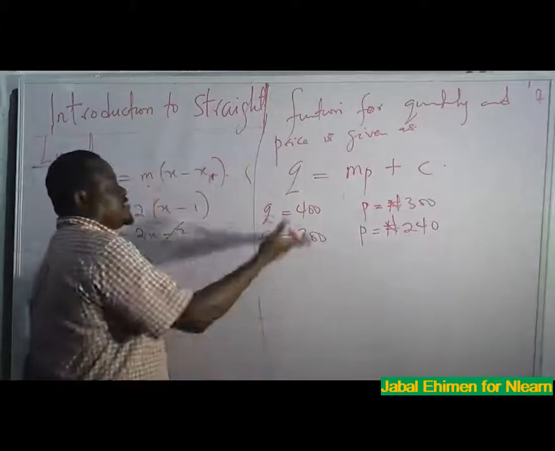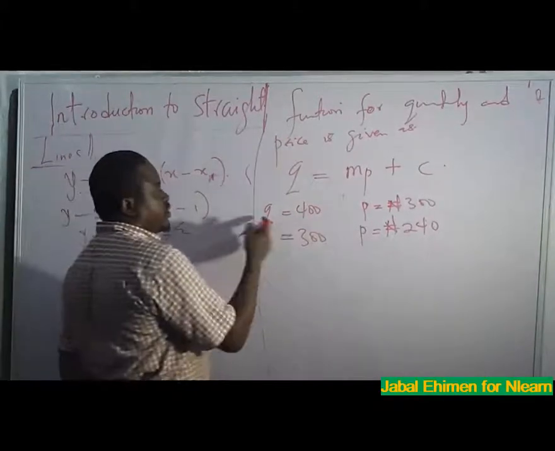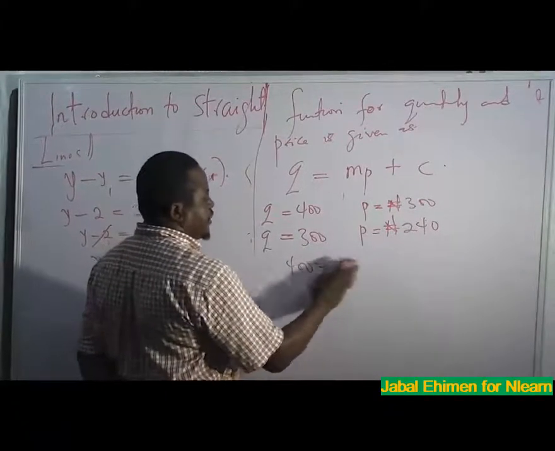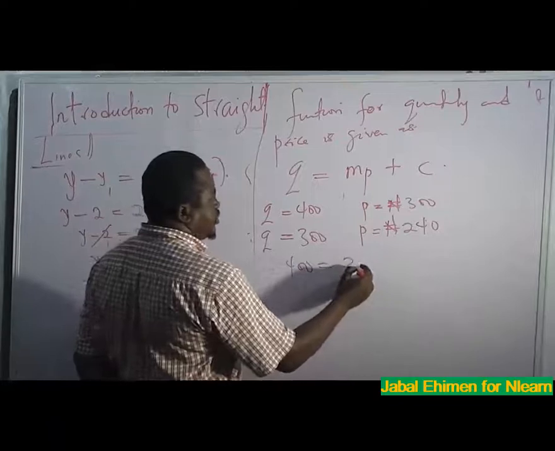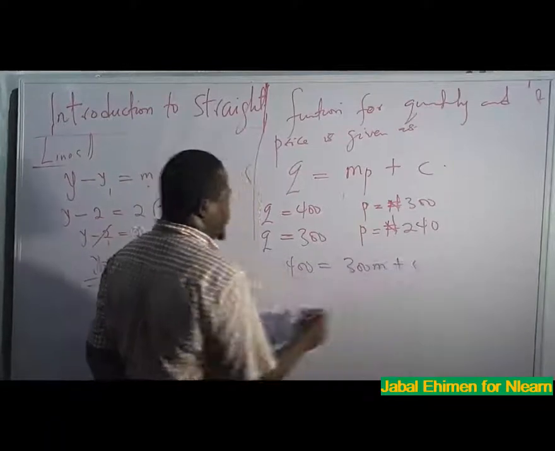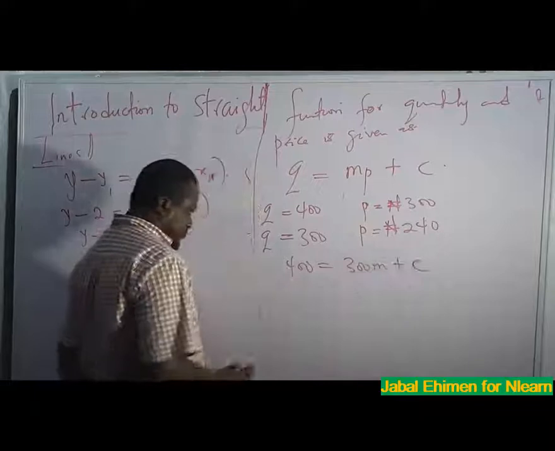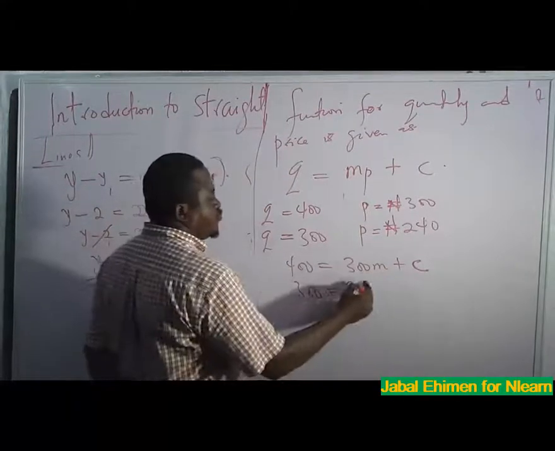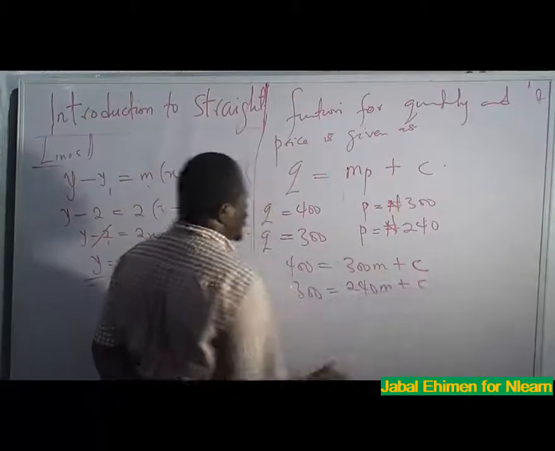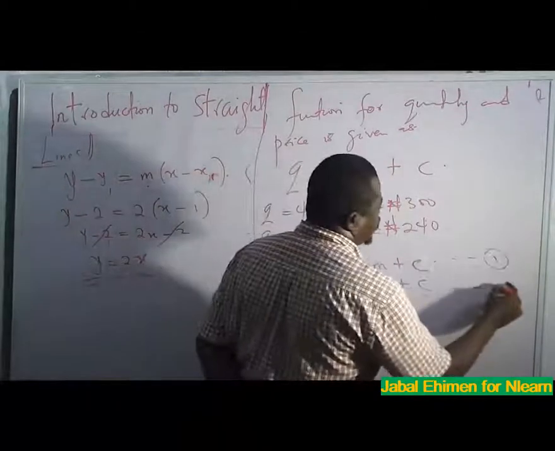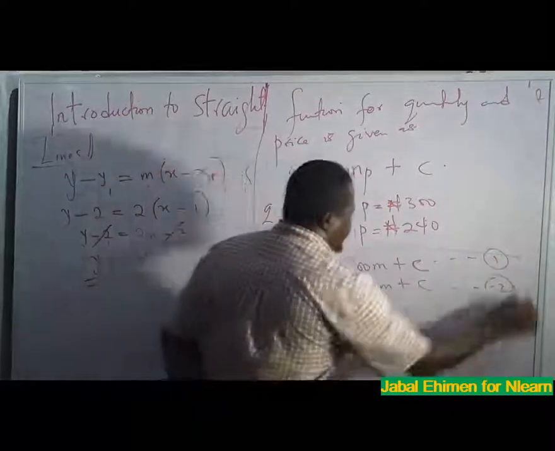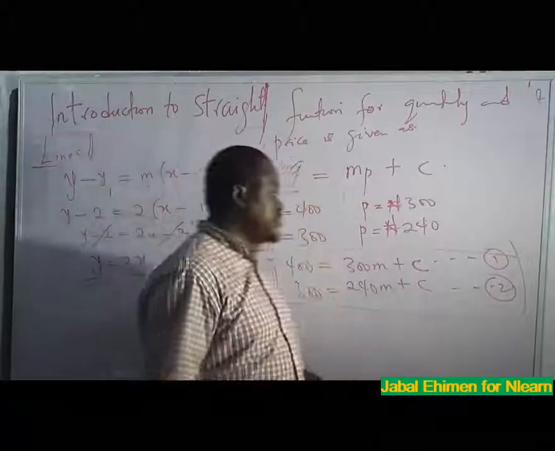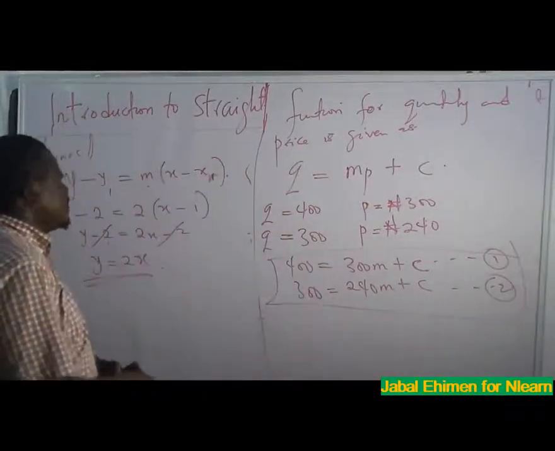So you can place these into the equation. It's just an assumption: 400 is equal to 300m plus C, and the second one will be 300 is equal to 240m plus C. This is equation 1 and this is equation 2. After solving, you have the values for m and C, and you can determine whatever value you want.